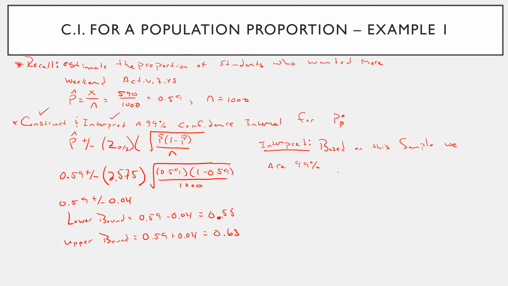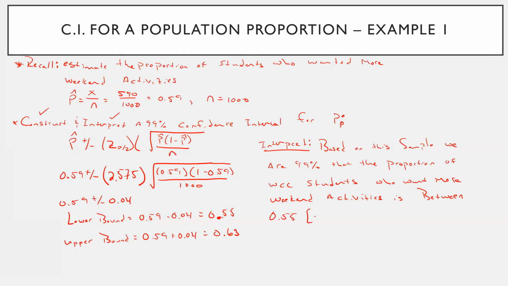We are 99% confident that the proportion of WCC students who want more weekend activities is between, it could be as low as 0.55, so it could be as low as 55%, okay? So it's somewhere between this and 0.63, so it could be as high as 63%.